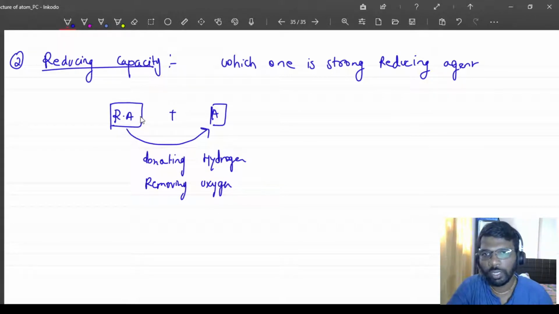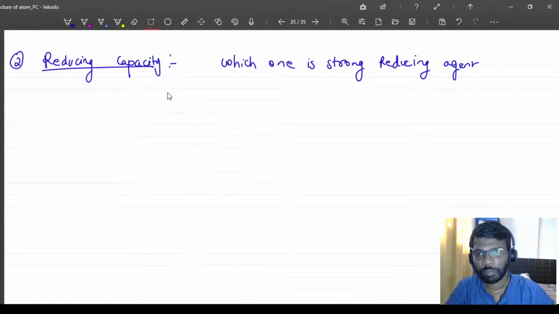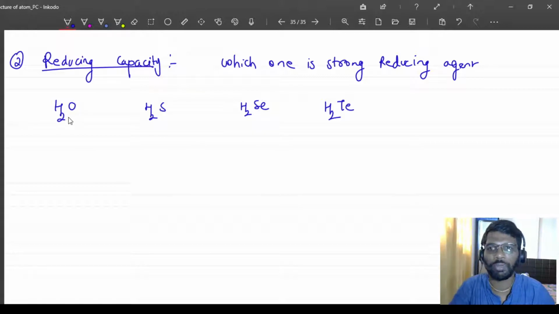Since I'm talking about the reducing capacity of the hydrides, first hydride is H2O, second is H2S, H2Se, and H2Te. These are the hydrides. Among these, which one will give its hydrogen very easily?